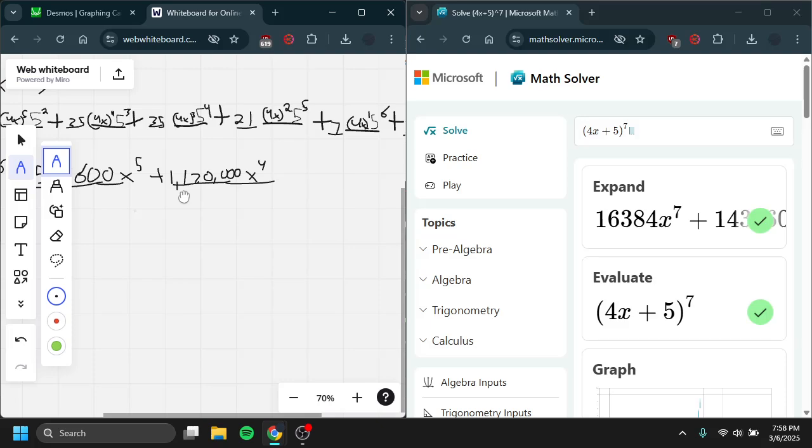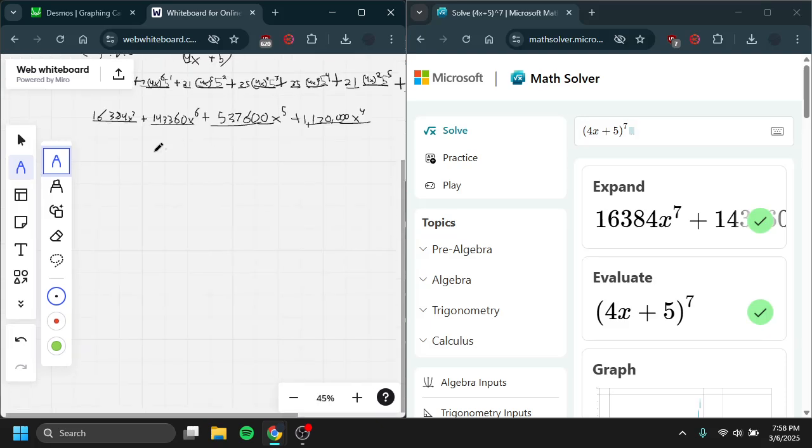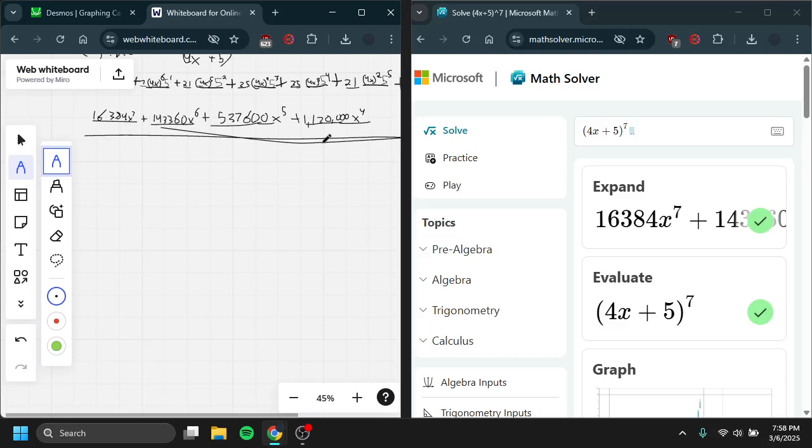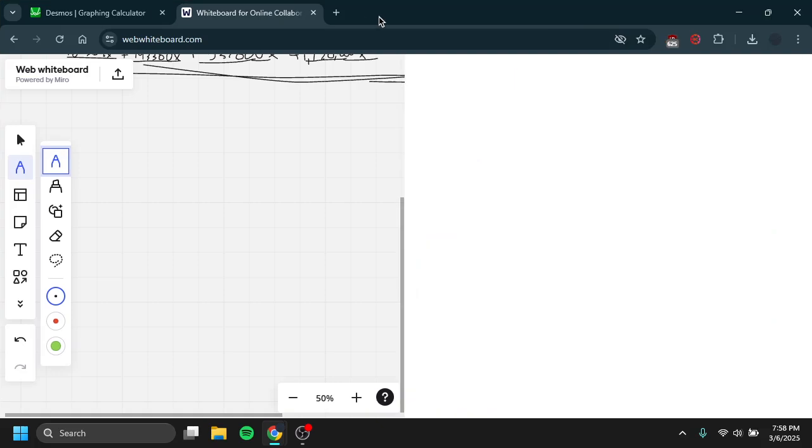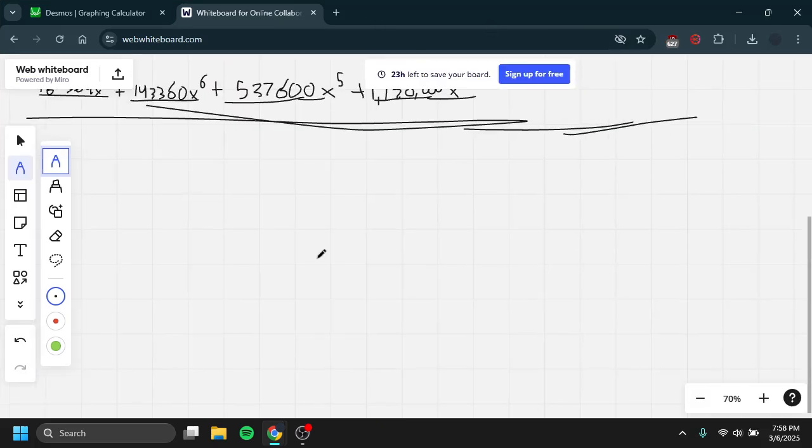So I will give you a practice problem, something slightly easier, because these are big numbers. The practice problem I will give to you will be 3x plus 2 to the fourth power.